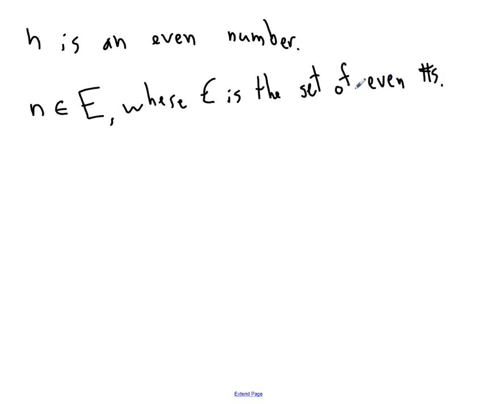Well, that's not really so helpful so far. Where this is helpful is that it enables us to have a more clear definition of what these things are when we say it's an even number.